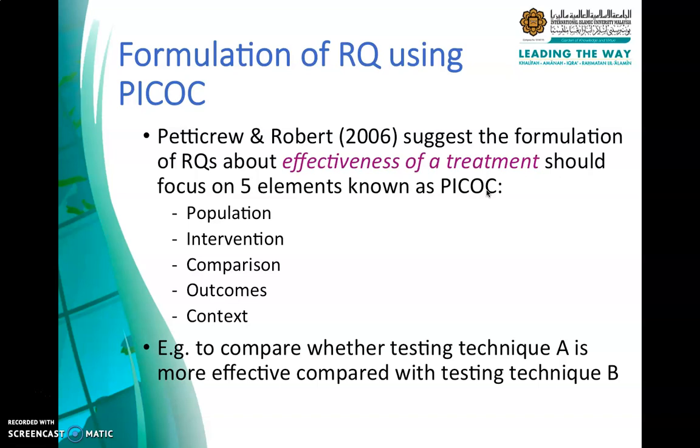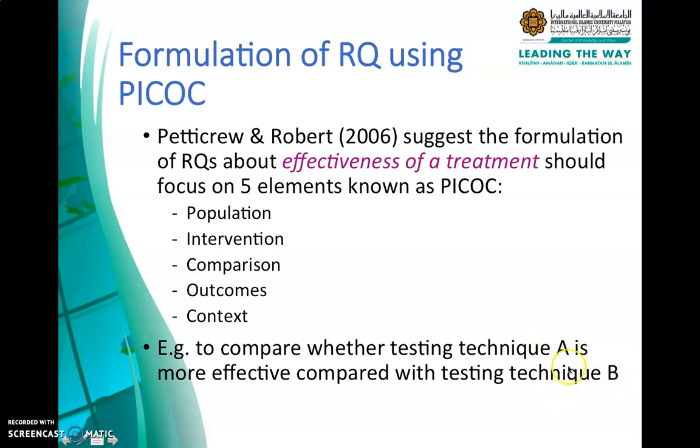If that is the focus, Pettigrew and Roberts suggested that we can use PICOC to help us formulate the research questions. PICOC stands for population, intervention, comparison, outcomes, and context. We will see what each of these means. Let's say you wanted to compare whether testing technique A is more effective than testing technique B. Maybe there are a number of studies that have focused on both.